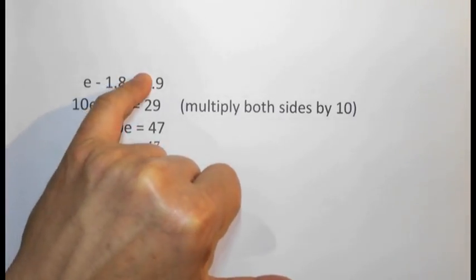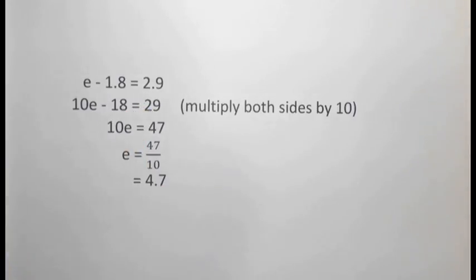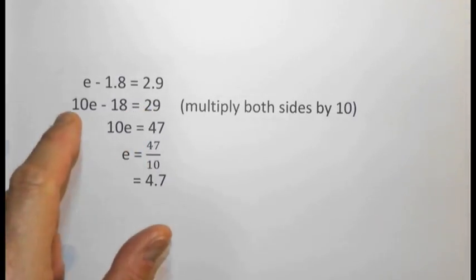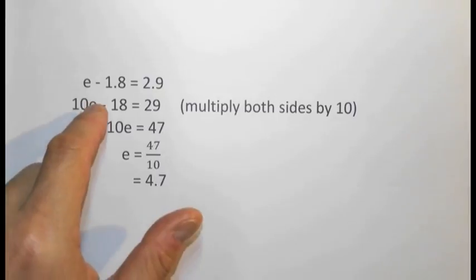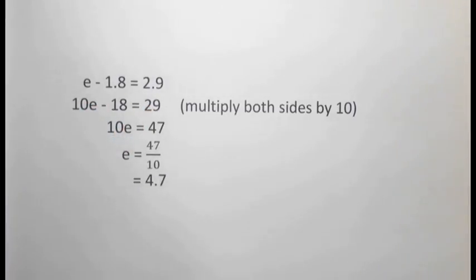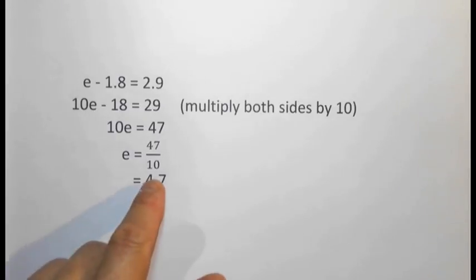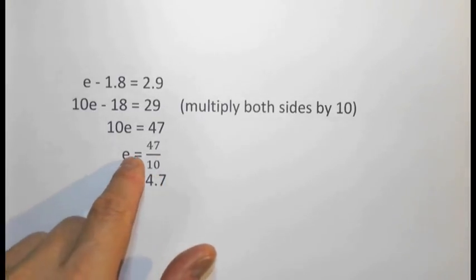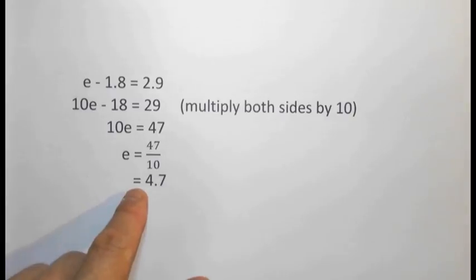And 2.9 multiplied by 10 gives us 29. So, adding 18 to both sides, we have 10e equals 47. Then, dividing both sides by 10, we have e equals 4.7.